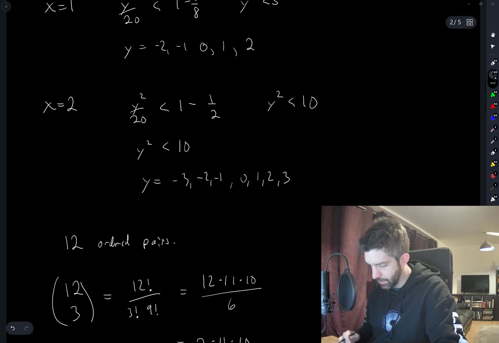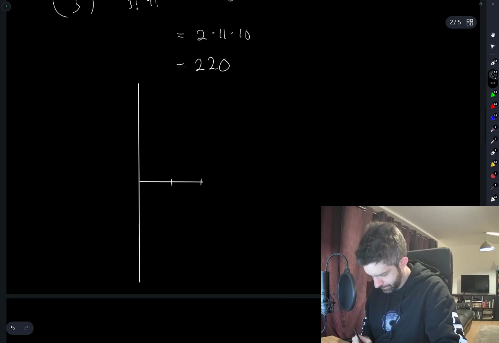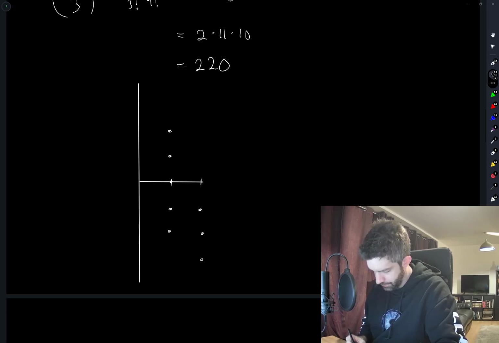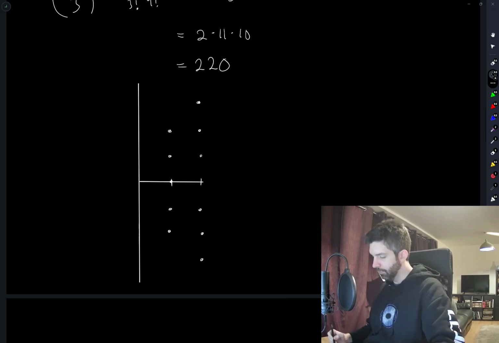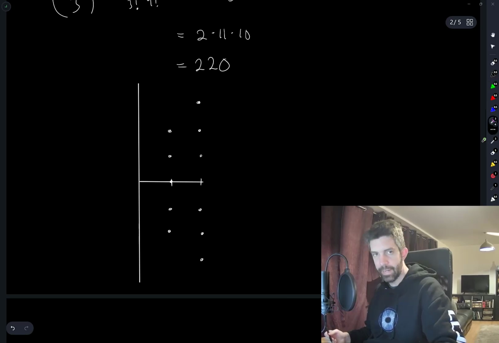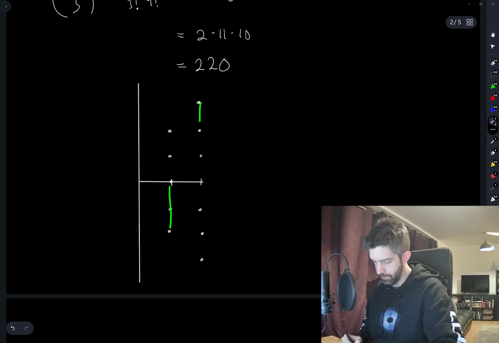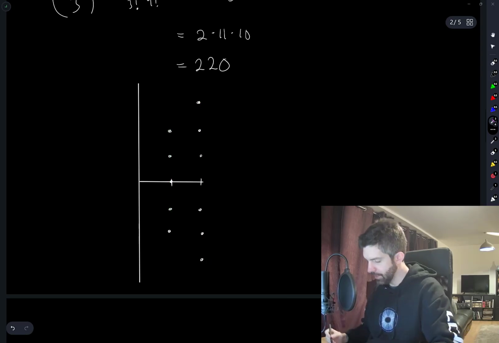When x is equal to 1, I go from negative 2 to 2, and here I go 1 through 7. So if I make a triangle, clearly I can't have all 3 points on the same vertical line here.